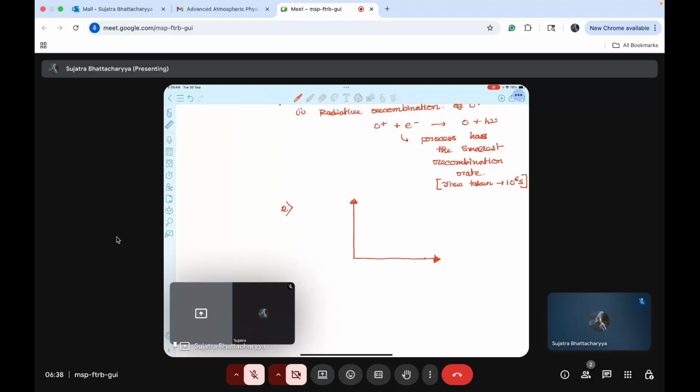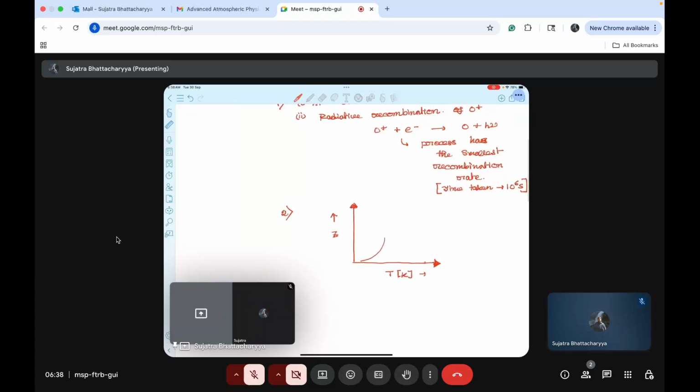Suppose this is your Z, the altitude, and this is the temperature in Kelvin. In the upper atmosphere, this is the neutral temperature, and if you go further, this becomes the temperature of the ions. Further, the temperature of the electrons is much, much higher. So electrons in the F2 layer have the highest temperature.